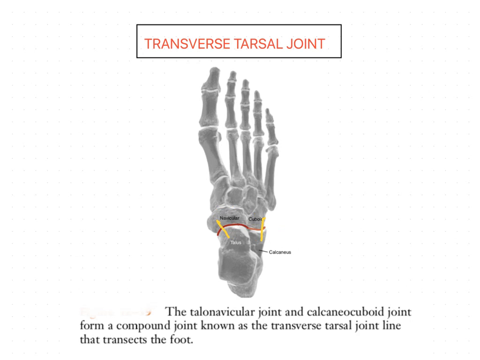The proximal portion of the talonavicular articulation is formed by the anterior part of the head of the talus, and the distal portion is formed by the concave posterior aspect of the navicular bone.